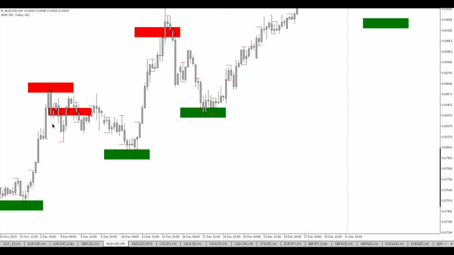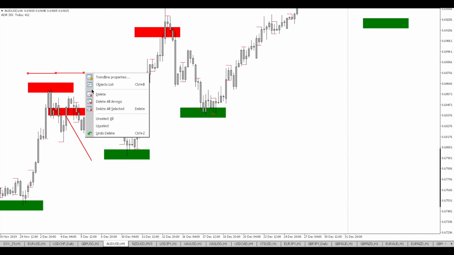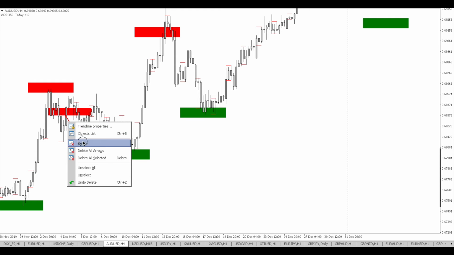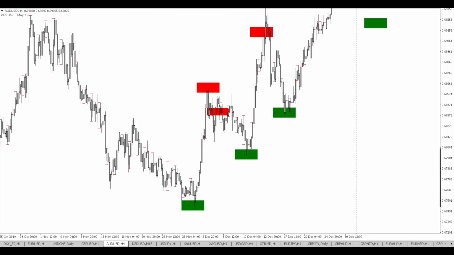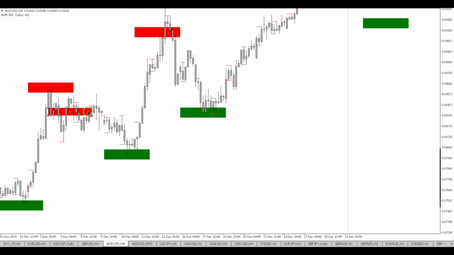You'd be looking for price to break through an area, then you'd use a sell stop to come down into that B leg, and your stop would be above the high. But for me, I'm typically a person who just likes limits. I'd rather price come back to me. I'm not really a momentum trader in terms of if price breaks a level, I want to sell. So I'd still set a limit here.